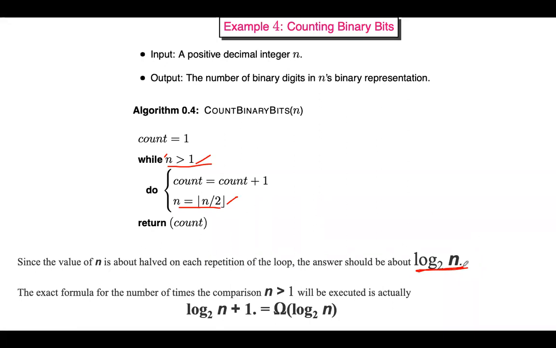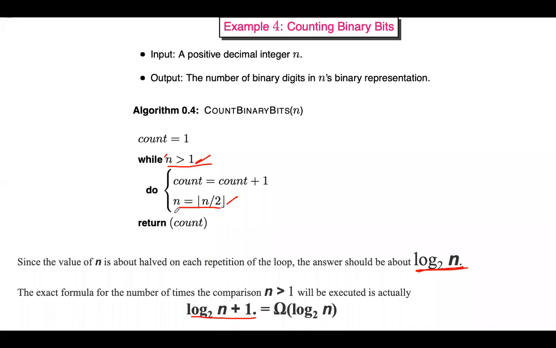So this loop will run log n base 2 plus 1 times, because the first comparison is made first, before the n value has changed. So this instruction, n greater than 1, will be executed log n base 2 plus 1 times.